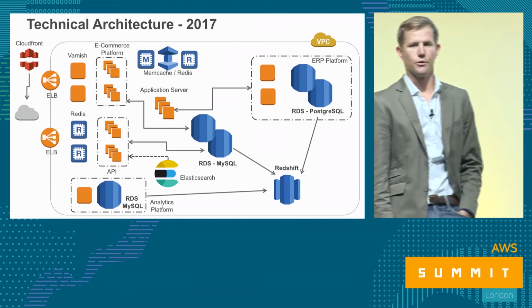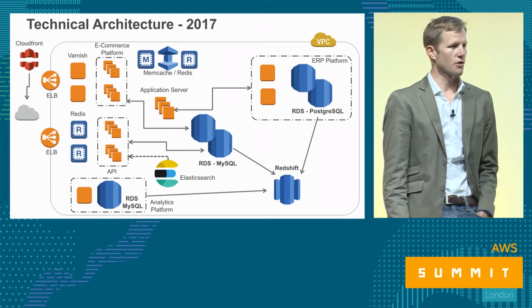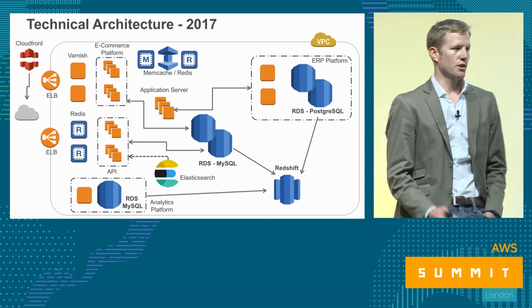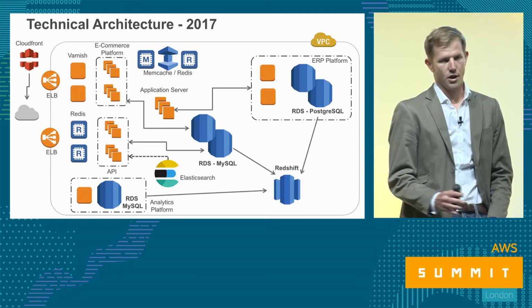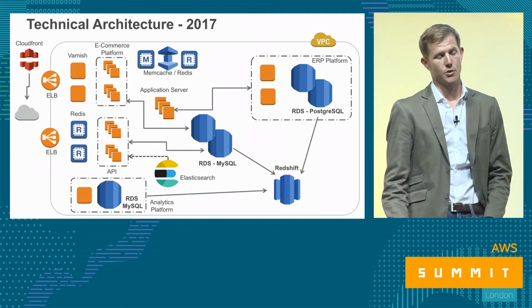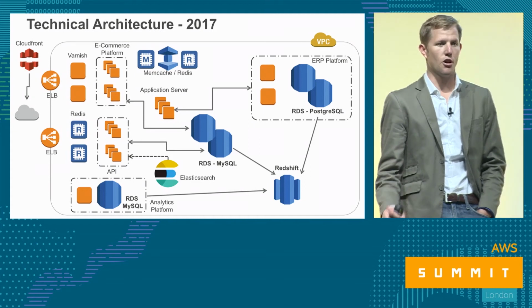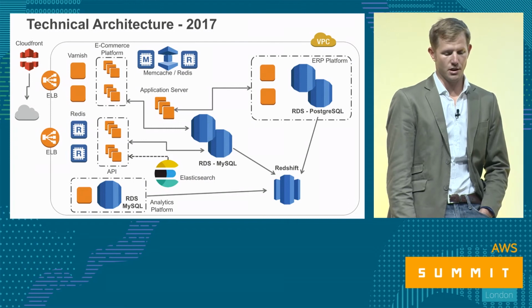And then in the back end, we've got an ERP system for stock management, integrations to the warehouse, etc. And all of these systems have got a relational database associated to them. So on the API and the e-commerce side, we're using MySQL powered by RDS. And for the ERP system, we're using Postgres, also in RDS.